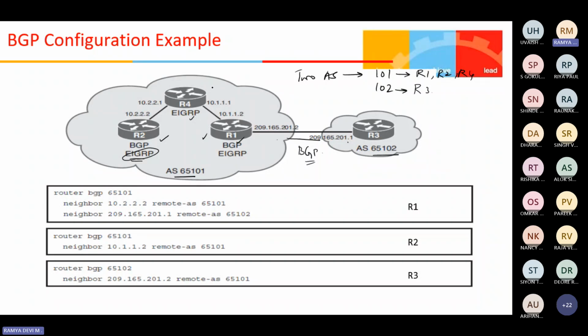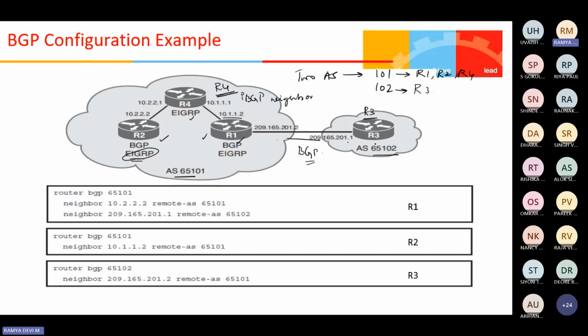One is R4, another one is R3. R4 has the ID 10.1.1.2. Okay, it is within the same autonomous system, so it will be using iBGP. It is an iBGP neighbor.